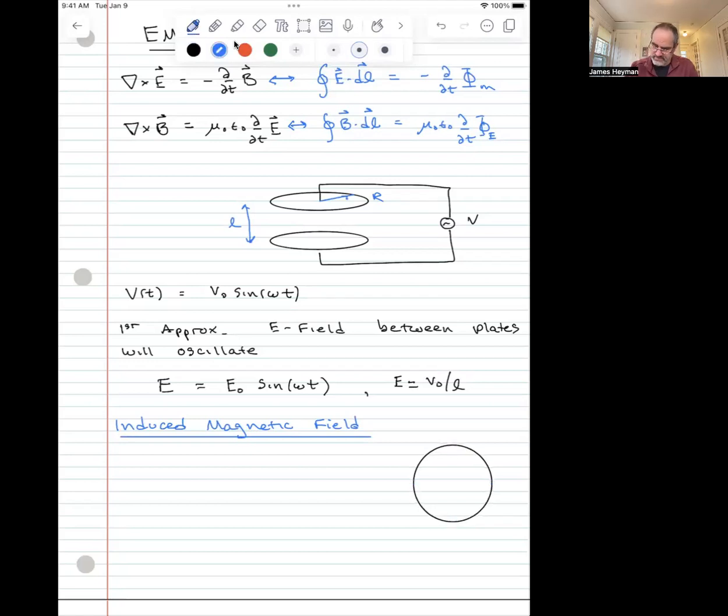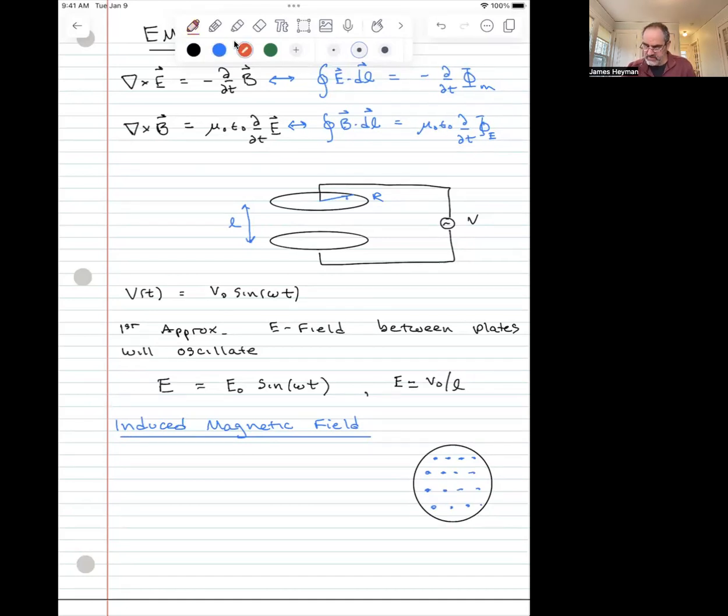Okay? We see that there's an electric field between the plates. And at least at the center of the plates, we know what the value of that is.